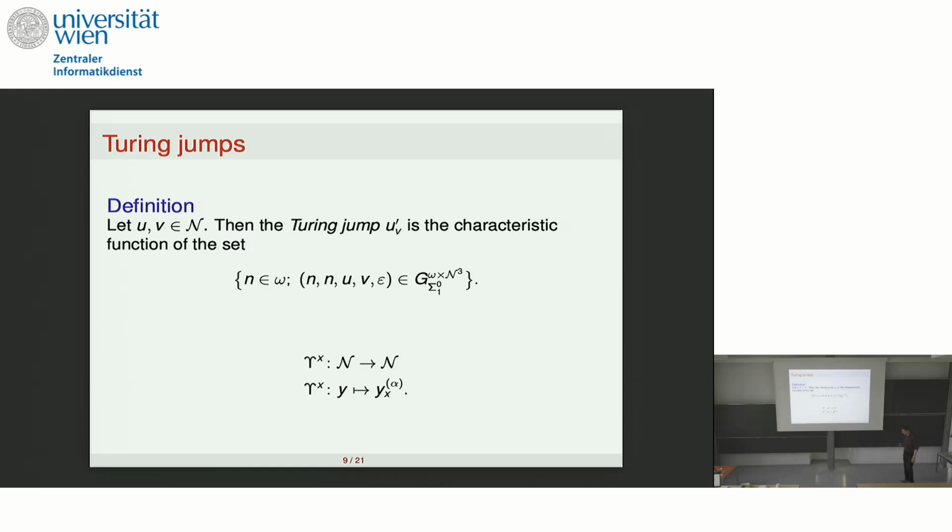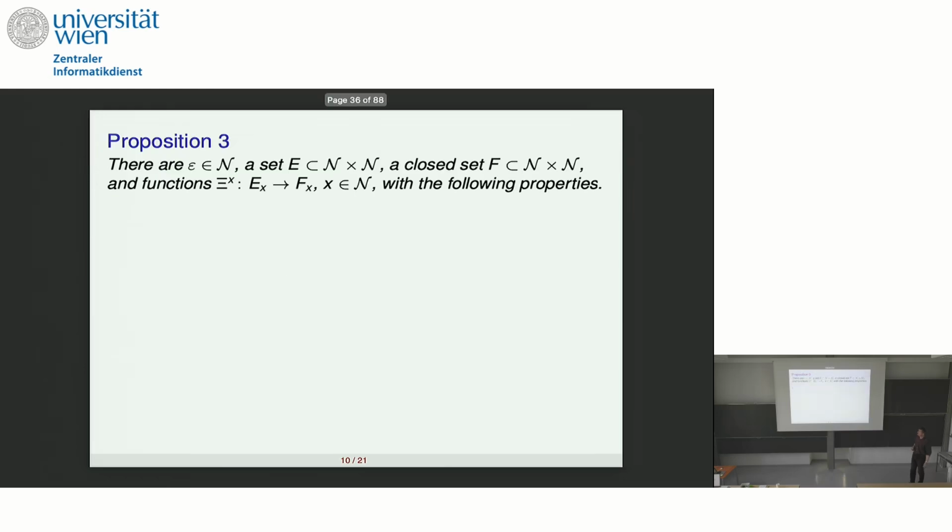So this is the notation, and the strategy of the proof is captured in proposition 3. Here we have this epsilon, which I vaguely described.